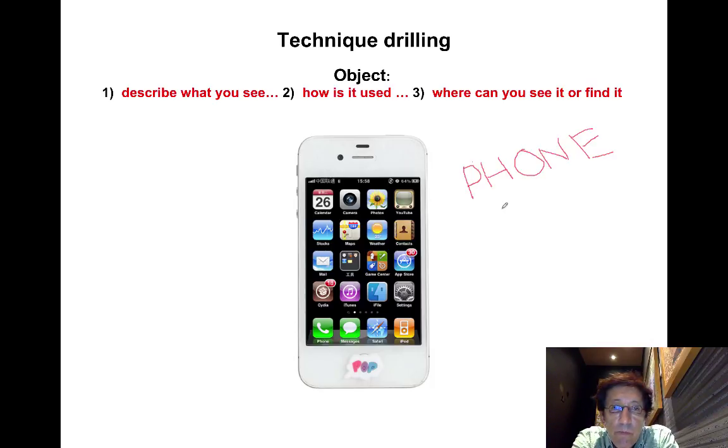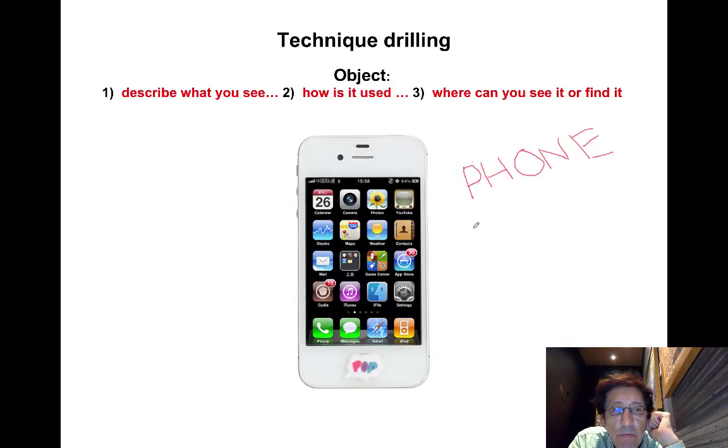I can see the camera, and also at the side I can see the volume buttons. And on the screen I can see there are many apps. Good. At the top I can see the time and the percentage of the battery.